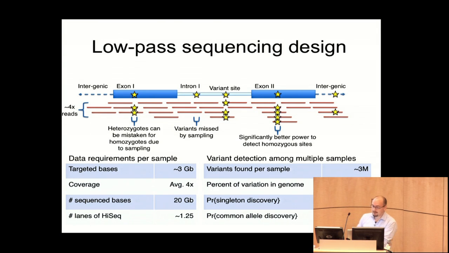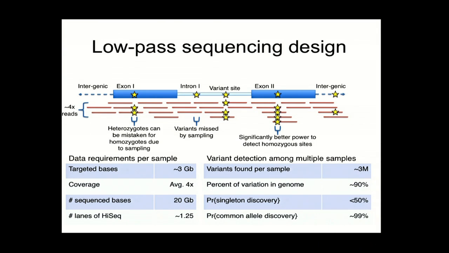The next one is very similar, which is just the low-pass version of that. So instead of doing 30x, I do 4x. And so what ends up happening here? The heterozygotes, because of sampling, can be mistaken as homozygous. So it becomes harder and harder to genotype because of sampling problems. Sometimes just sampling will mean I miss a site.